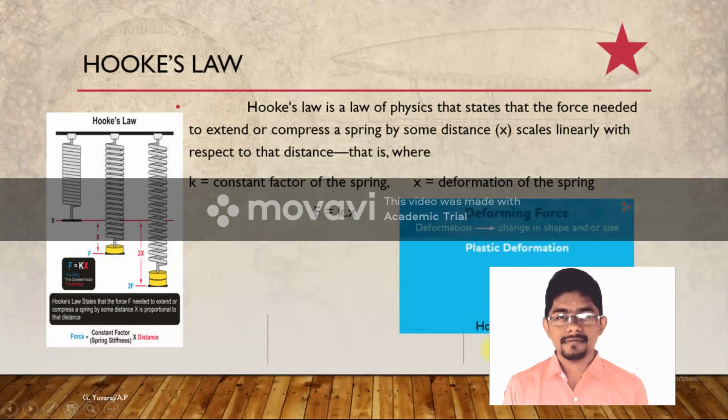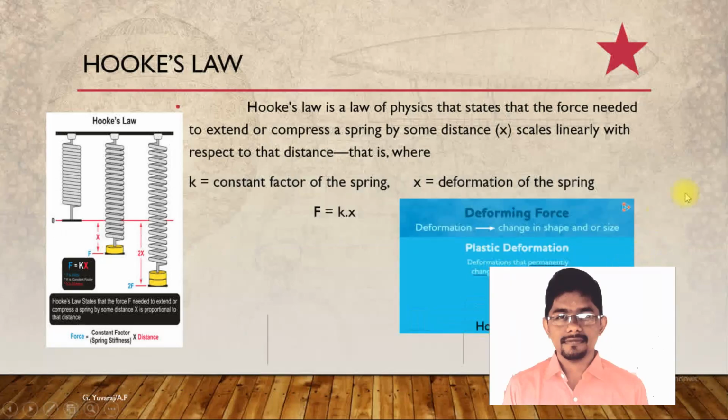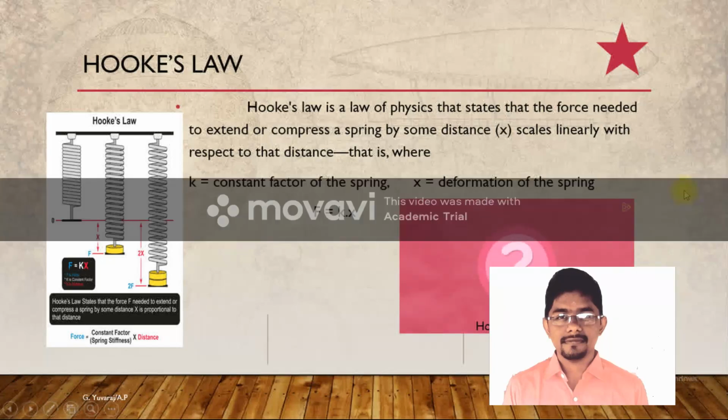Plastic deformations, on the other hand, are... and which ones show plastic deformation? The applied force here is simply too much for the body to bear, and that results in permanent deformation. Now, which objects show elastic deformation and which ones show plastic deformations? Generally, all the objects show both types of deformations.